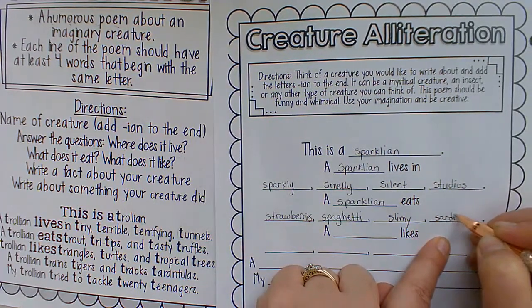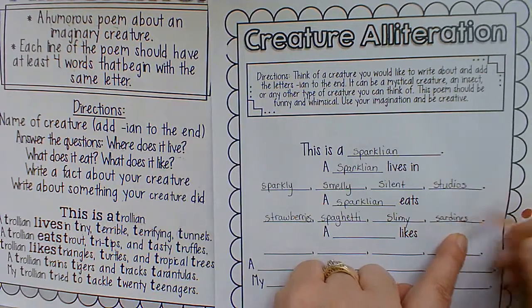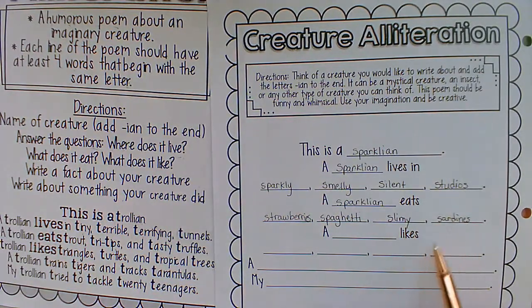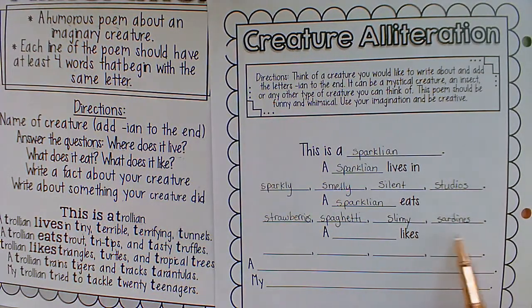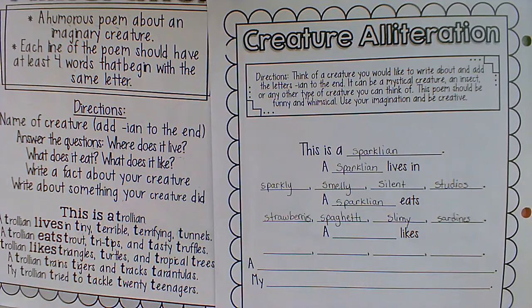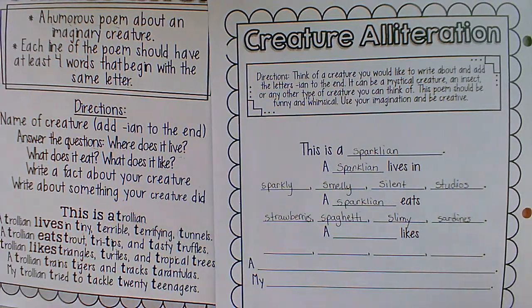And if you don't know what sardines are, they're like these tiny little stinky fish that usually come in a can or a jar. I could have done stinky sardines, but I'm going to keep it as slimy. A Sparklian eats strawberries, spaghetti, slimy sardines.